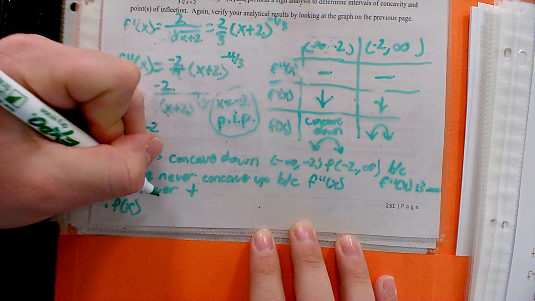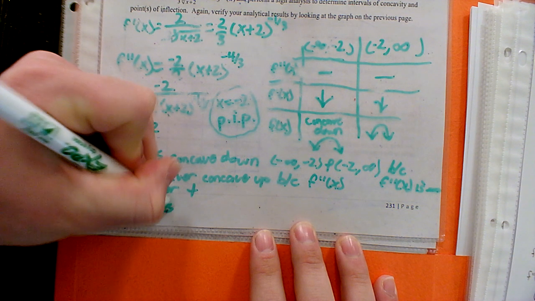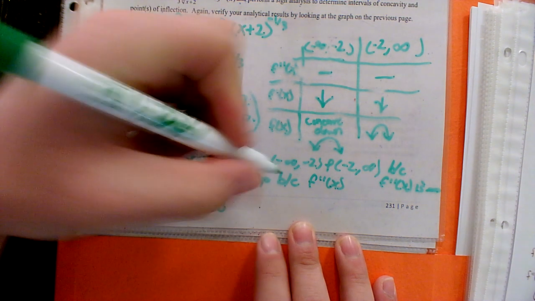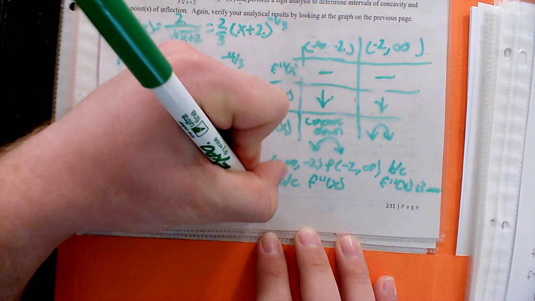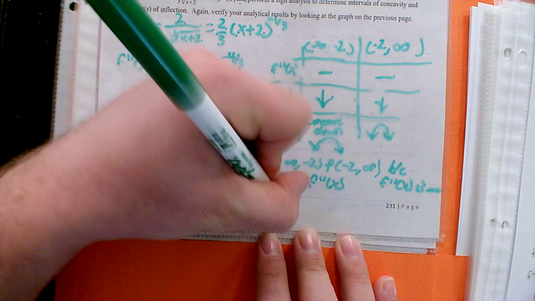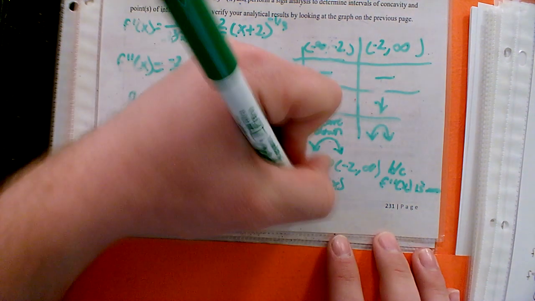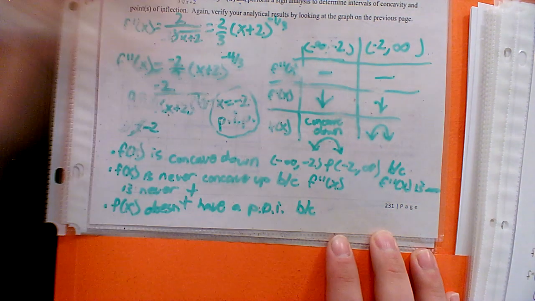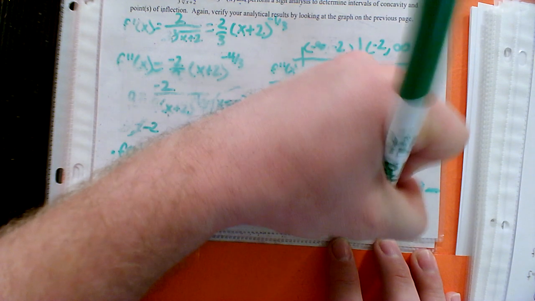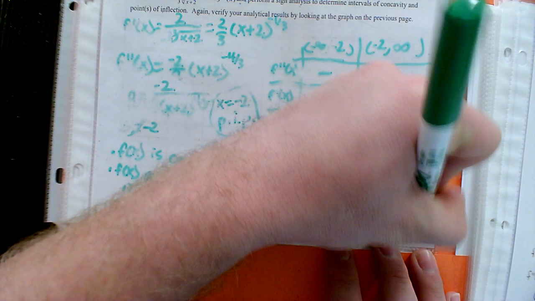So f of x does not have a point of inflection because f double prime of x never changes sign.